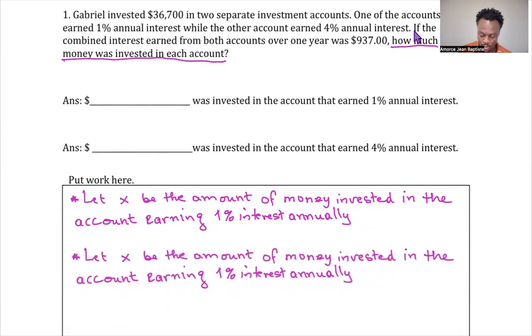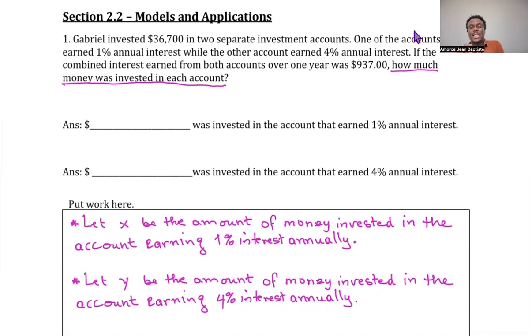Let Y be the amount of money invested in the account earning, this time, 4% interest annually. So now I have my two variables. I can go back to my problem to see how I can set up equations that include these things.